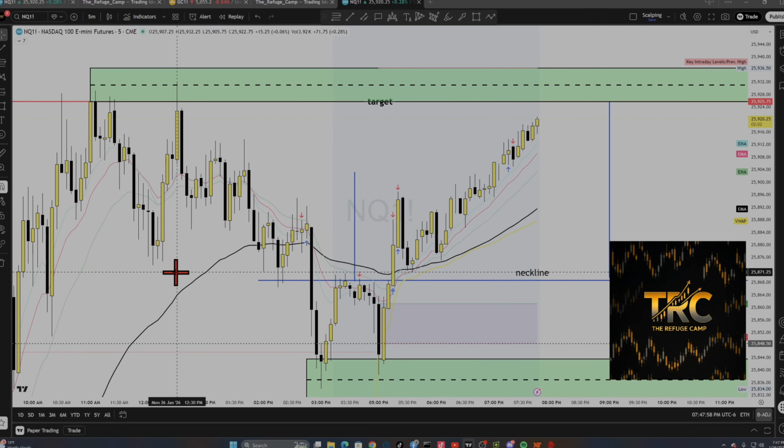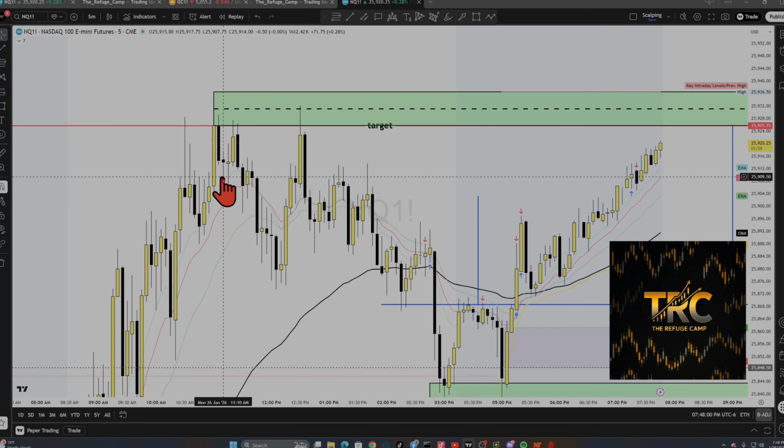Because what happens to these when price starts changing? They start to converge. You see them starting to change shape and point the opposite direction. See how they went from pointing up and just sharply dropped and started pointing down, price went down. Look at what happens when they sharply point up, price goes up.